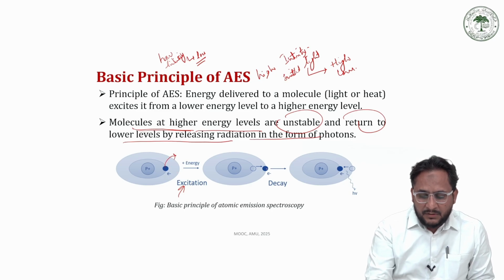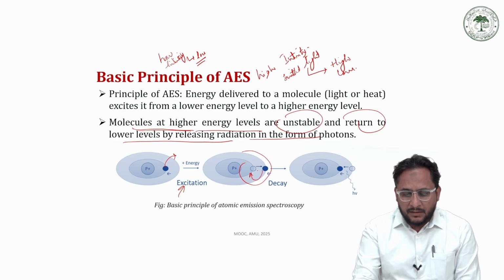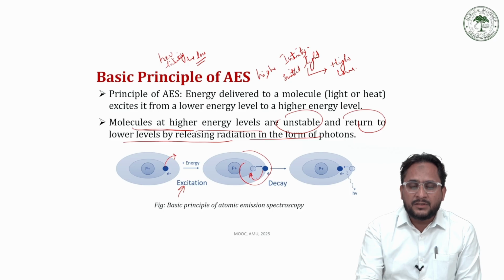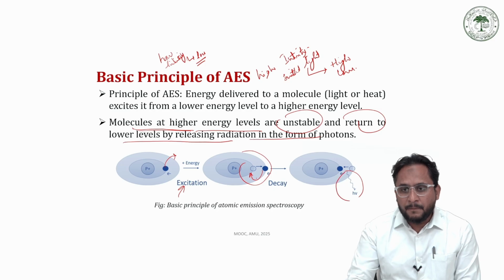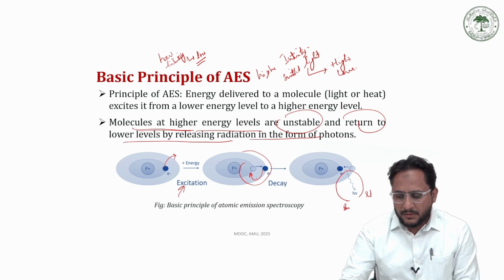And when these electrons return, because it is an unstable state, electrons decay back to the ground state, and when this process of deactivation, de-excitation or relaxation occurs, there is a release of light, which is the basis of the emission spectrum.